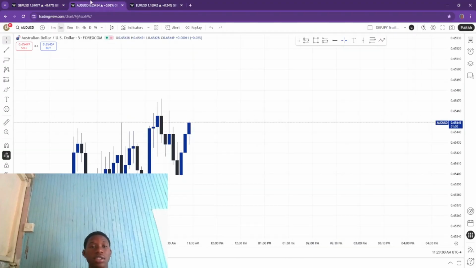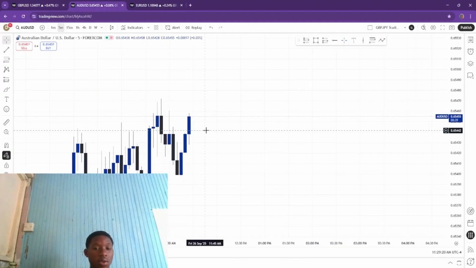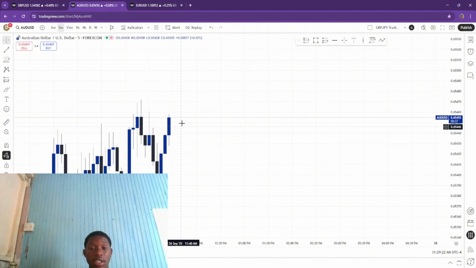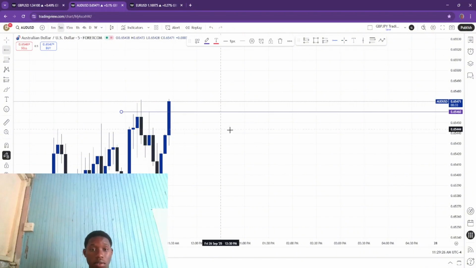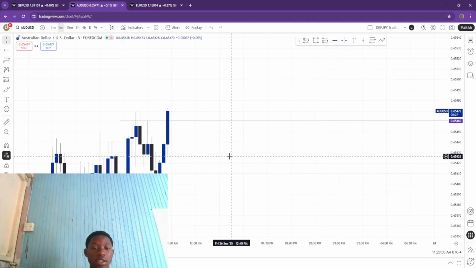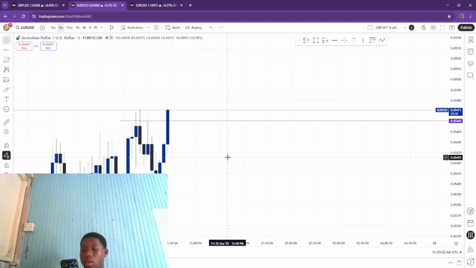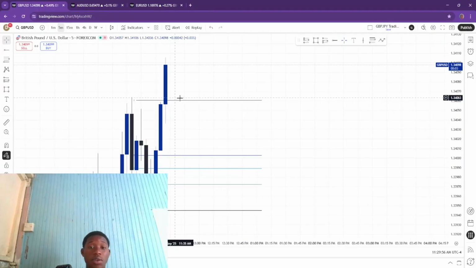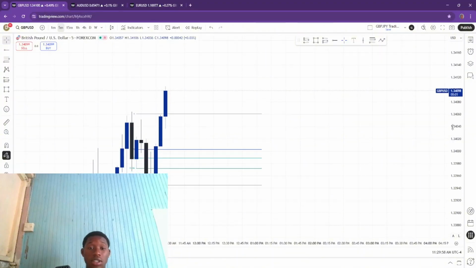44 seconds. AUD USD creating another big candle. Wow. 11:29 by the way. We have 30 more minutes in market. So that's AUD USD, that's GBP USD.